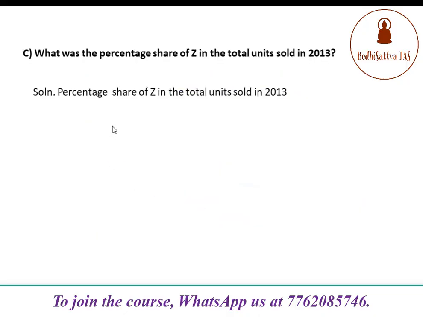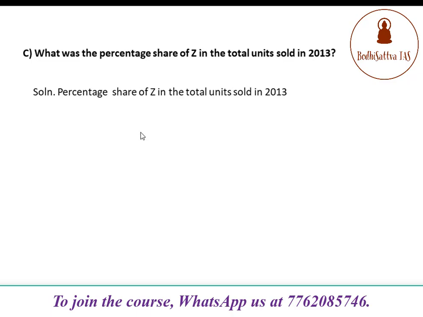Now moving to part C. What was the percentage share of Z in the total units sold in 2013? So we have to find out the percentage share of Z in the total units sold in 2013.